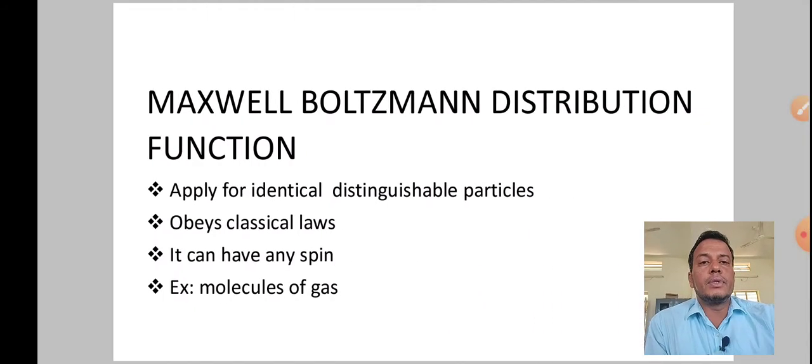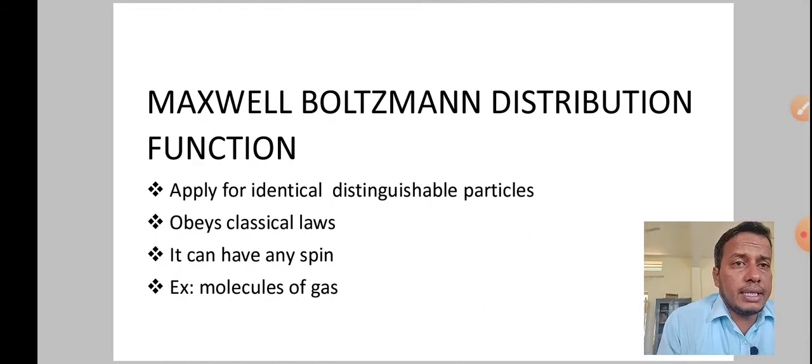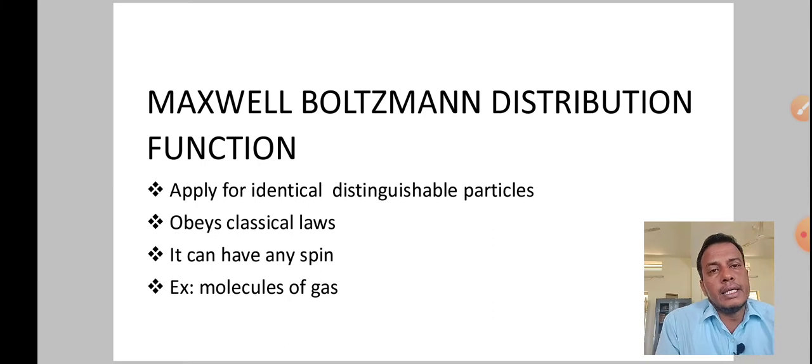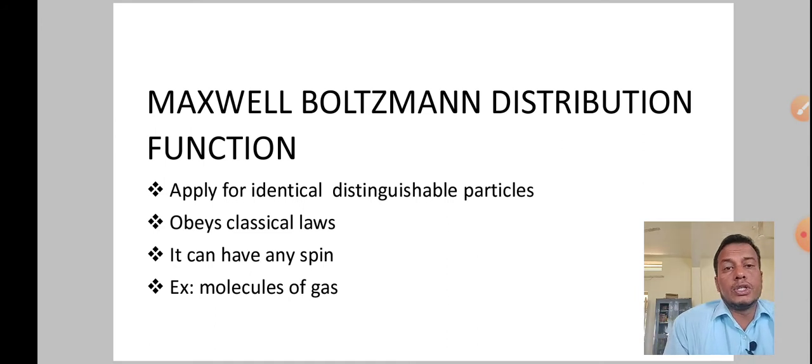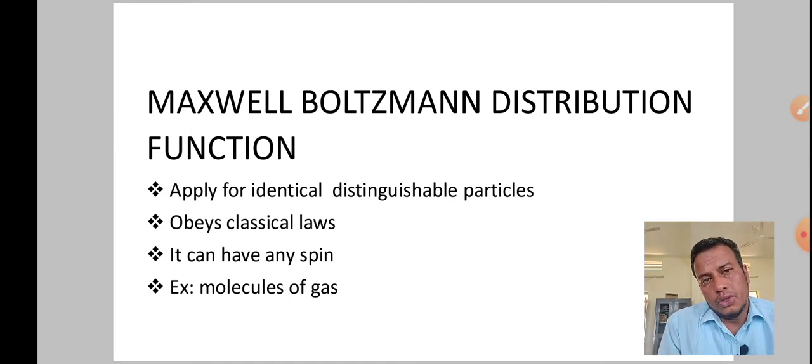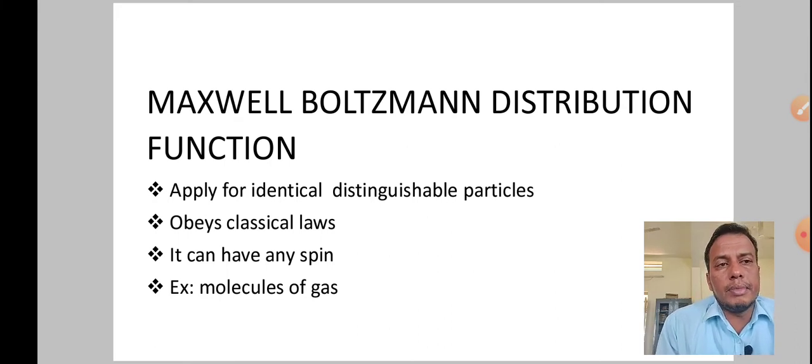As we know, the Maxwell-Boltzmann law is applicable only to identical and distinguishable particles. This MB distribution law obeys the classical law. It does not obey quantum laws, only classical law.